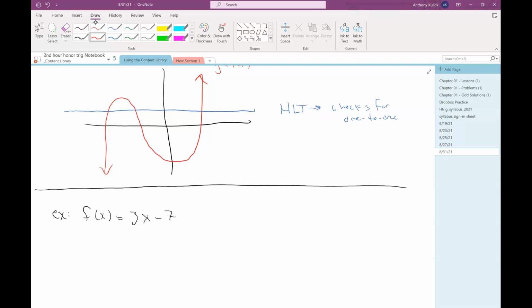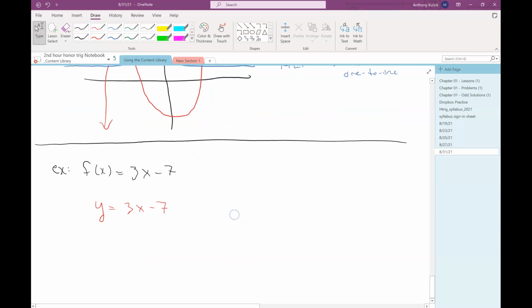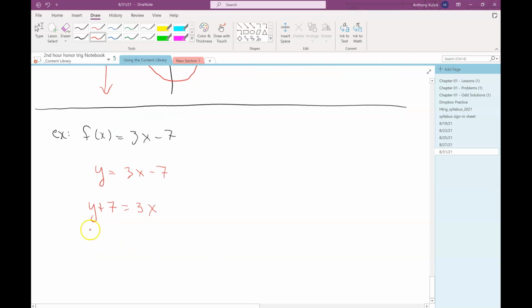The first thing I like to do is replace the function notation with just a y. And then I'm going to isolate the x, just using algebra. So in this case, we would add 7 to both sides, and then divide by 3.